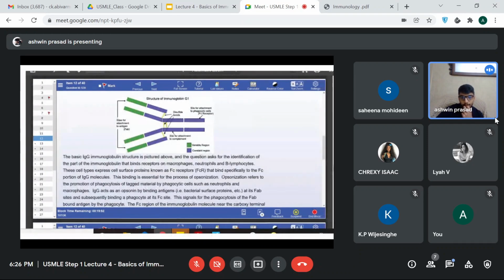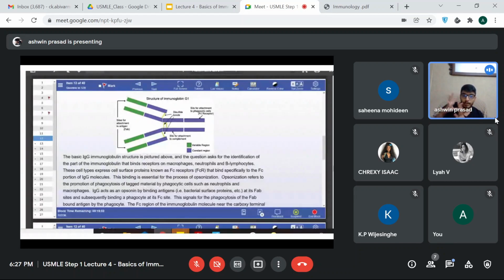All of you answered E, which is the correct answer. So basically, the diagram shows the heavy chain and the light chain, and the constant region determines which type of antibody it's going to be. In the constant region, there are two sites, both of which are important because there are mechanisms by which these immunoglobulins kill.